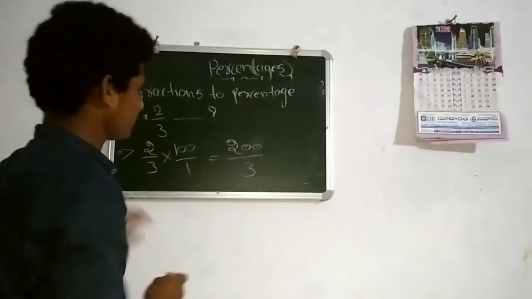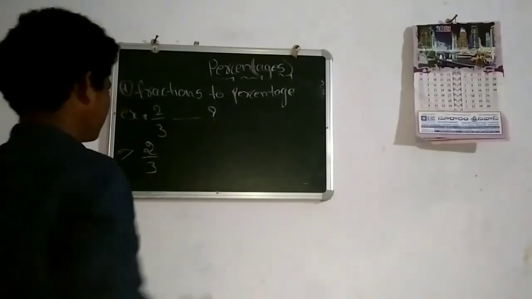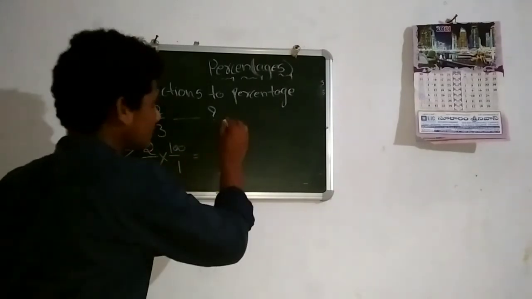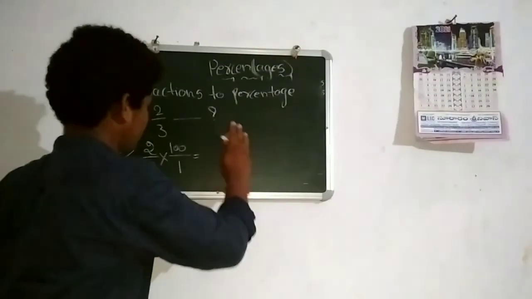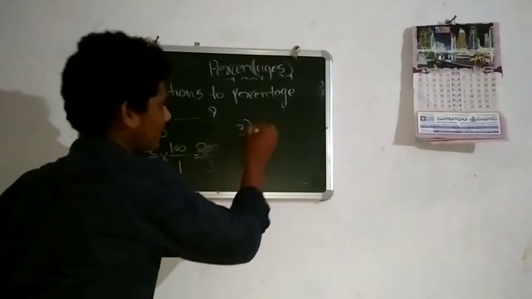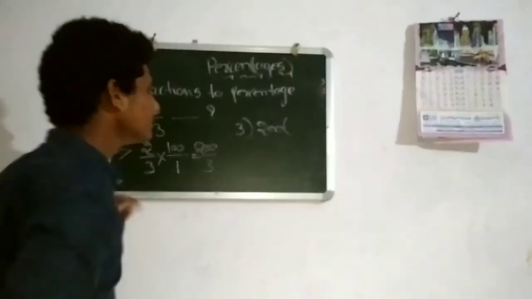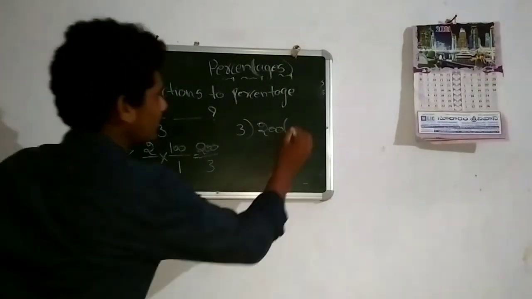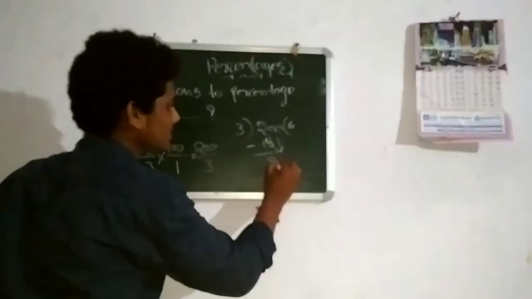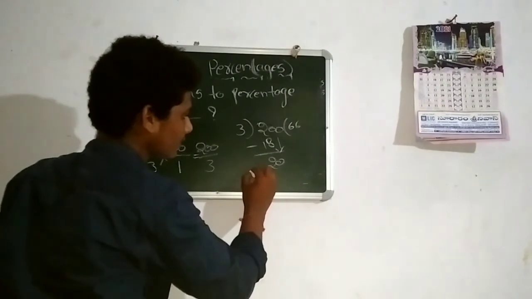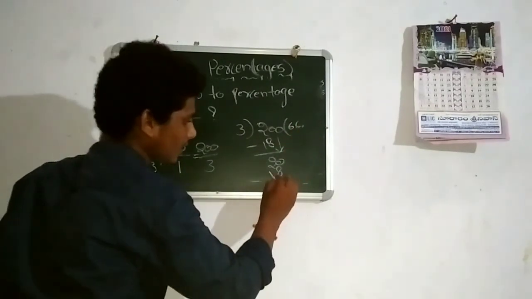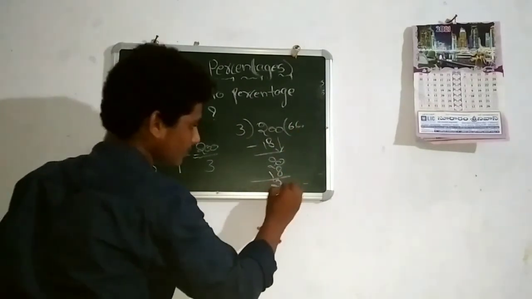200 by 3. 3 divided into 200: 3 6s are 18, 2 0, again 6, again 18, again put a point, again 2 0.